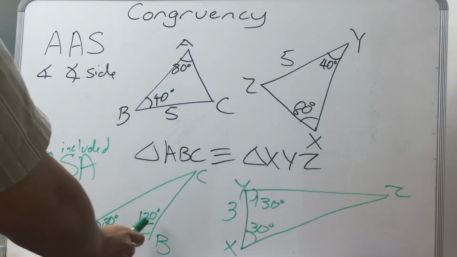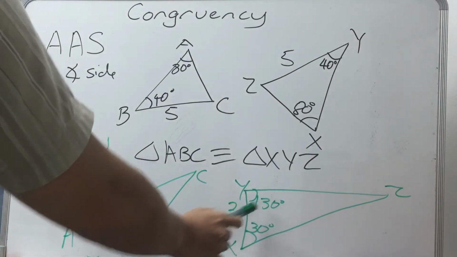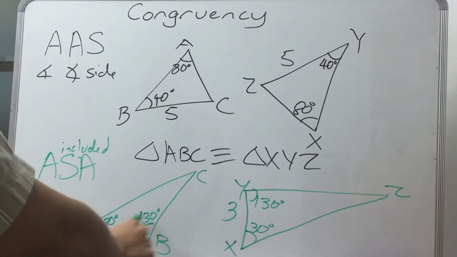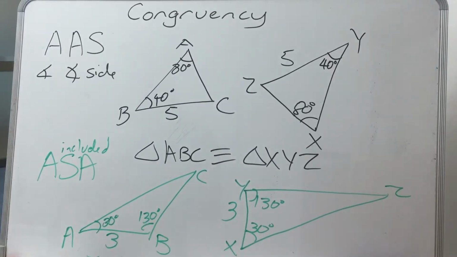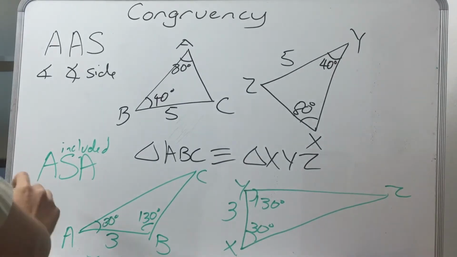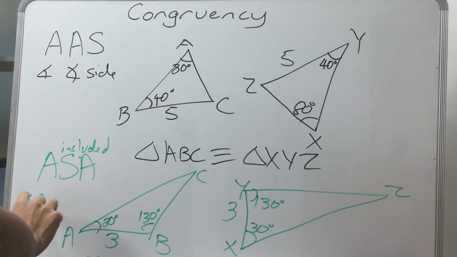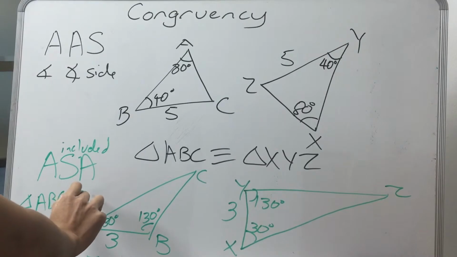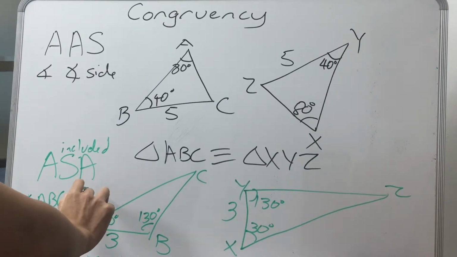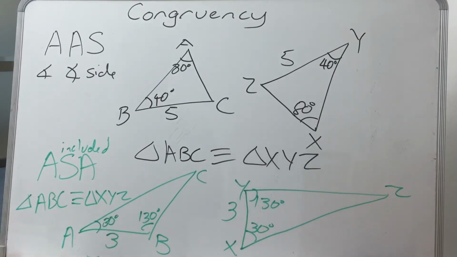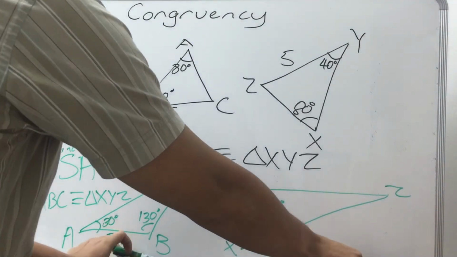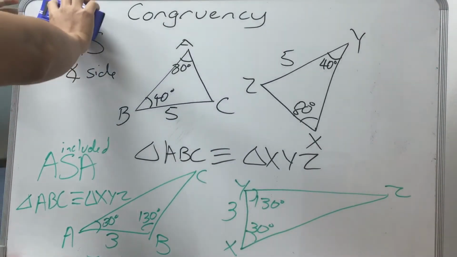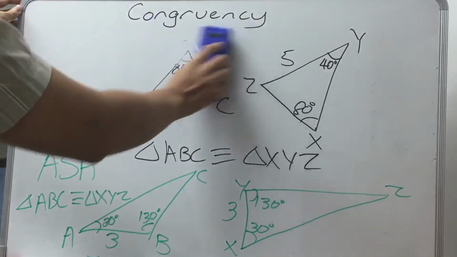So angle 130 degrees is the same, 30 degrees with 30 degrees is the same, then the included side 3 cm is the same. So our triangle ABC is congruent to XYZ. Okay, you can pause the video to look through this example slowly.